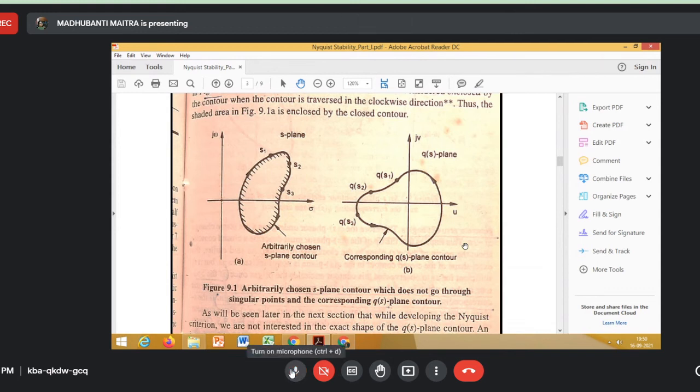So when we'll construct the QS plane contour, we'll sketch the QS plane contour, we'll see that we are not interested about the exact shape of this contour.